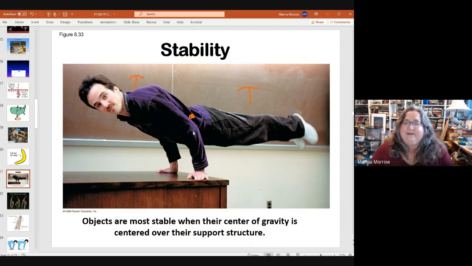And what he's able to do, by putting his arms here and by being a very skinny, strong dude, is put his center of mass over his base, which is his hands. So he's able to support himself on his hands. Now, the idea is that to be stable, your center of gravity must be centered over the support structure.